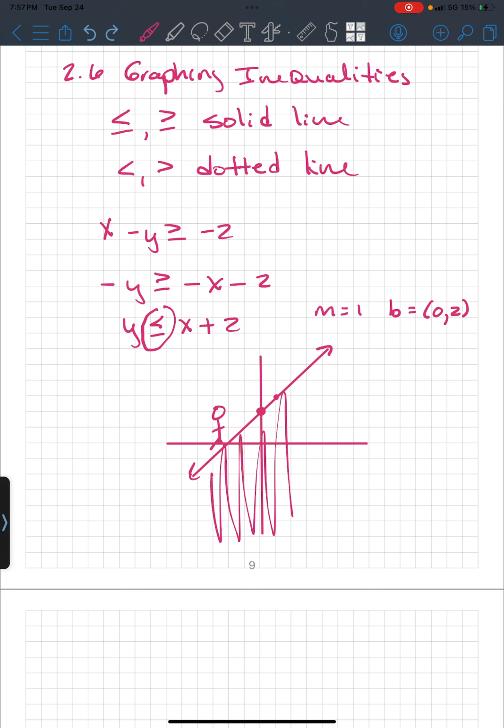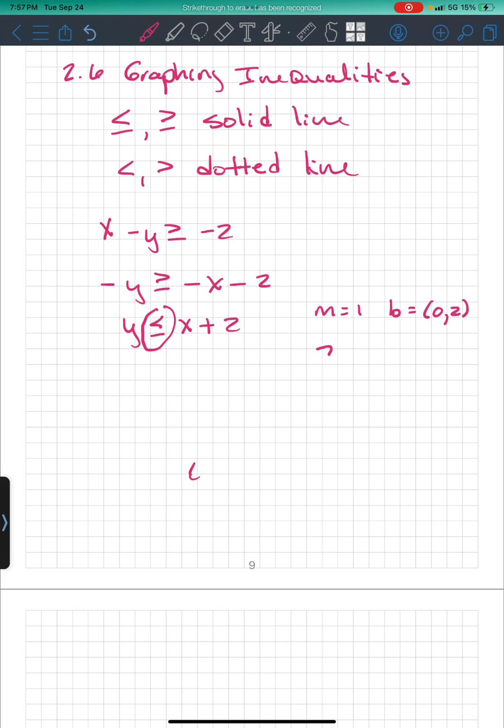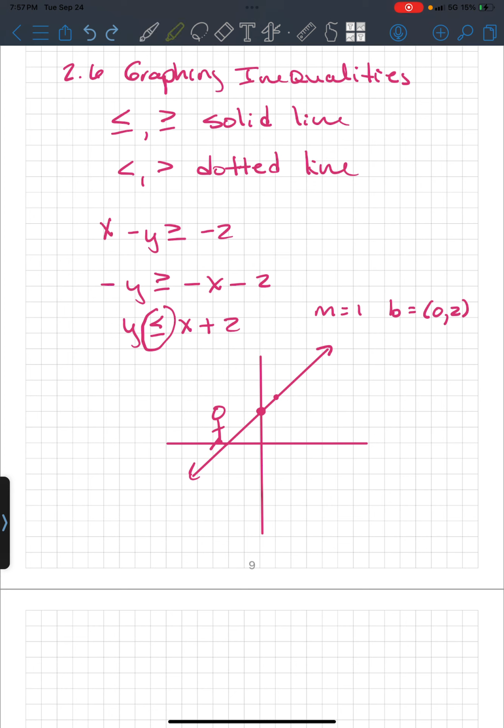Any point that is under that, including the line, because it is solid, would be an answer.